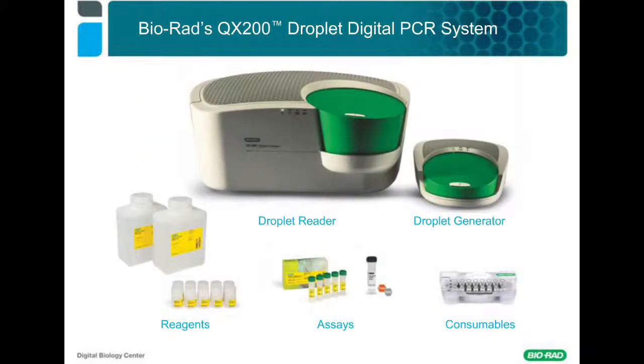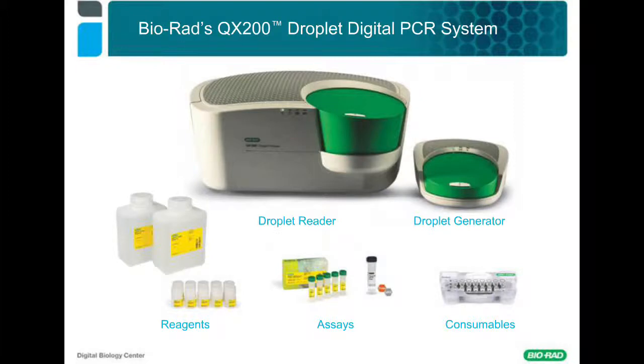Here is Bio-Rad's QX200 Droplet Digital PCR system. It consists of two instruments, the droplet generator and the droplet reader. Bio-Rad offers all the necessary reagents to perform digital PCR in droplets. The droplet generator uses a disposable DG8 cartridge to simultaneously partition 8 independent 20 microliter reactions into several thousands of droplets each, all in about 2 minutes.